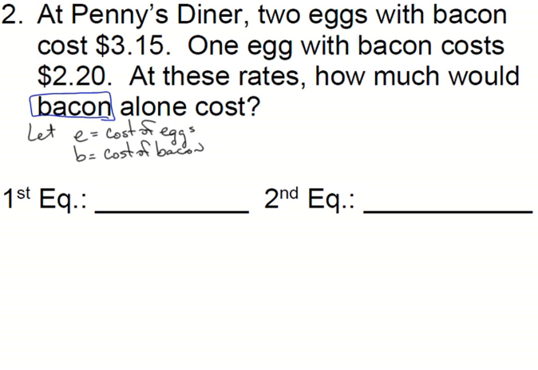It tells me 2 eggs with bacon. So that's going to be 2E plus B cost $3.15, so equals $3.15.